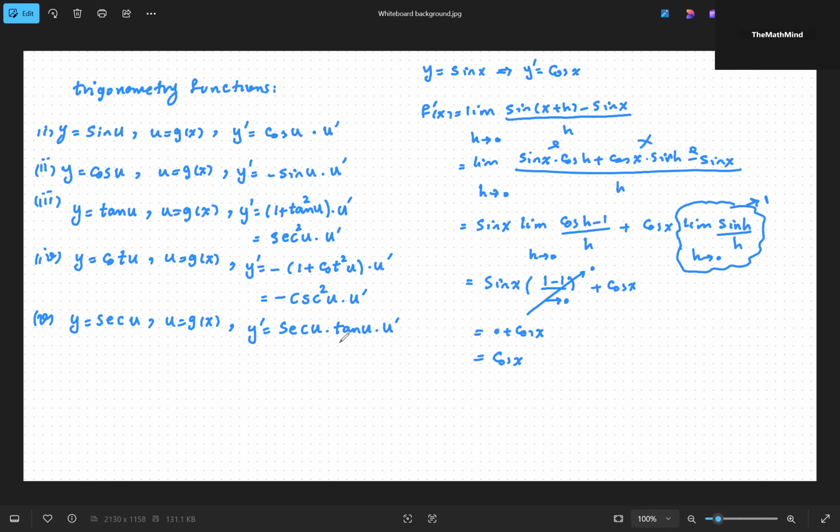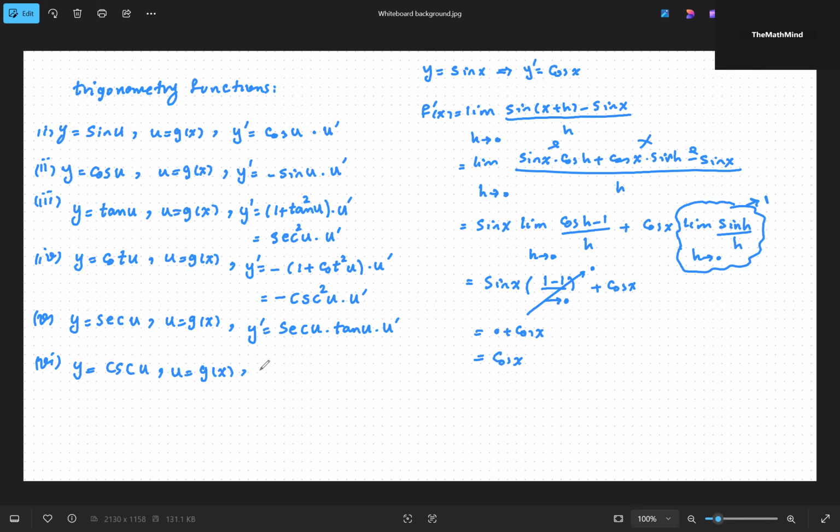Don't forget to multiply by u prime because g of x is another function and we're using the chain rule here. That's a combination of chain rule and the derivative of trigonometric functions.